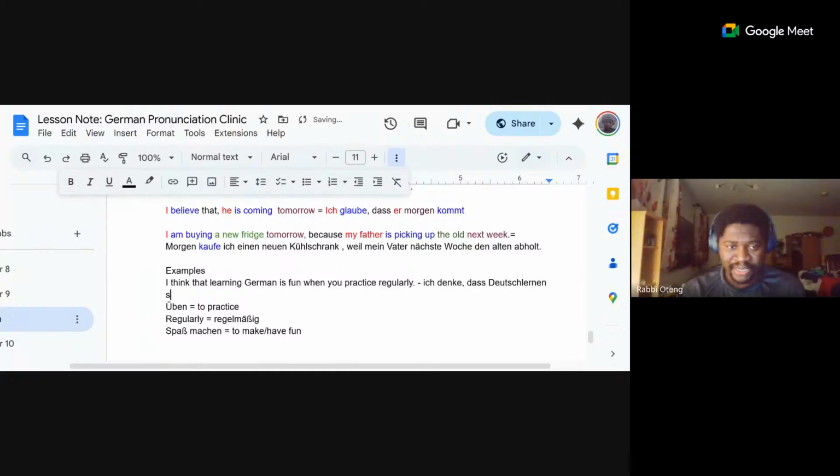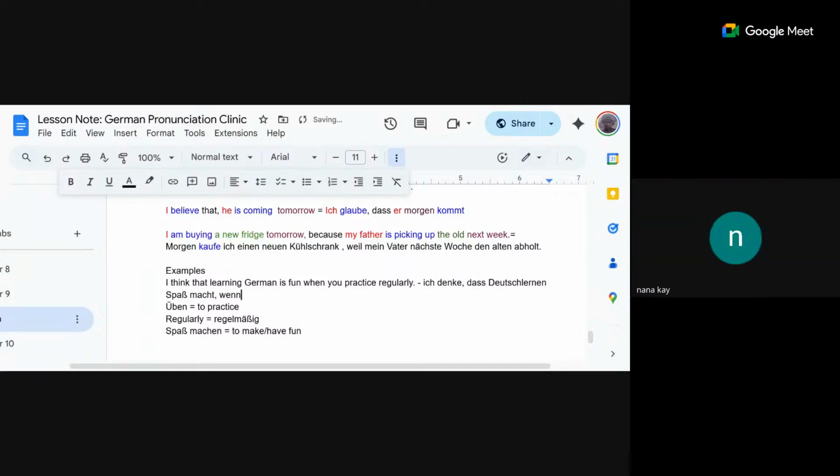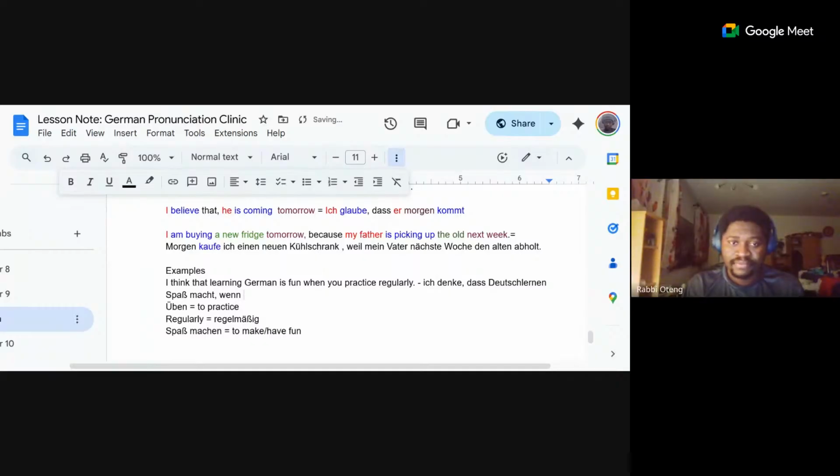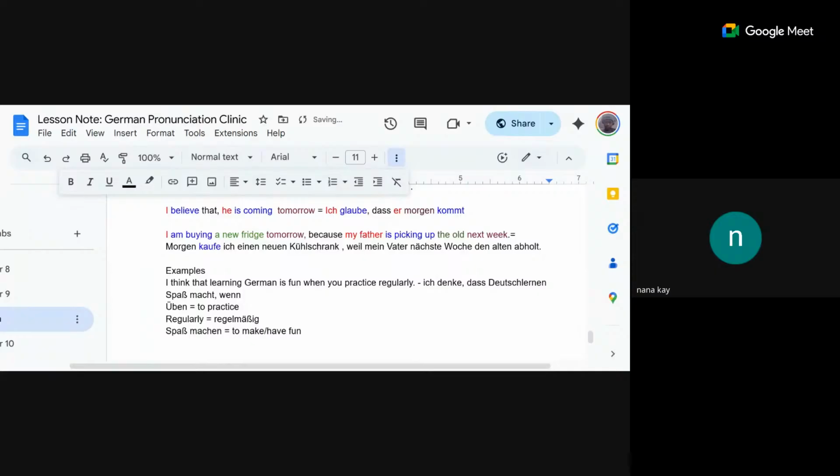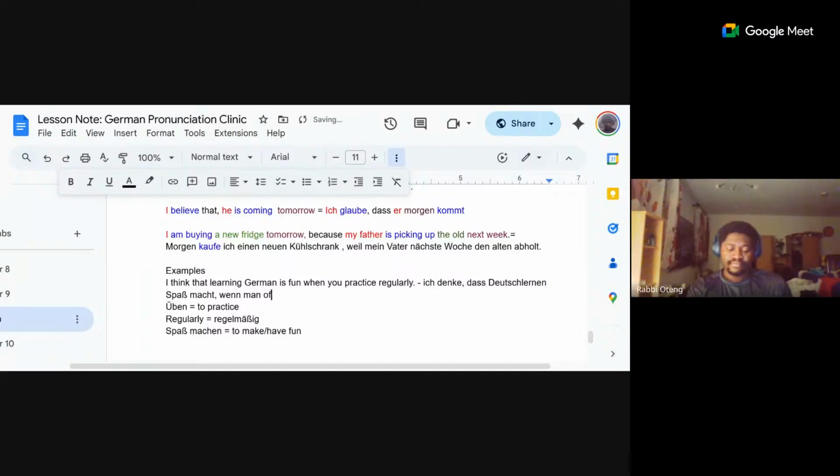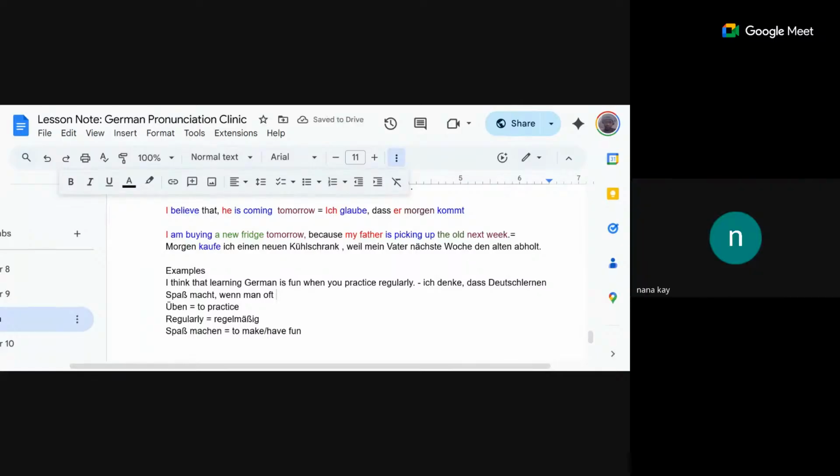So the direct object is Spaß. Spaß is der Spaß. Spaß macht. Wenn man übt, or übt.